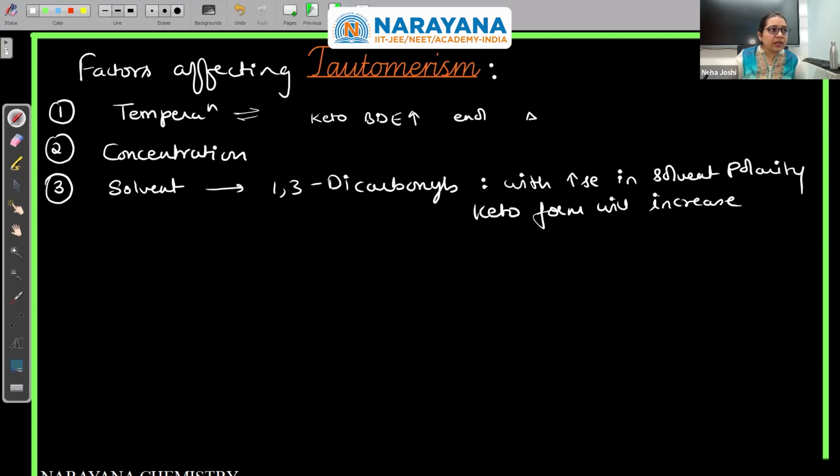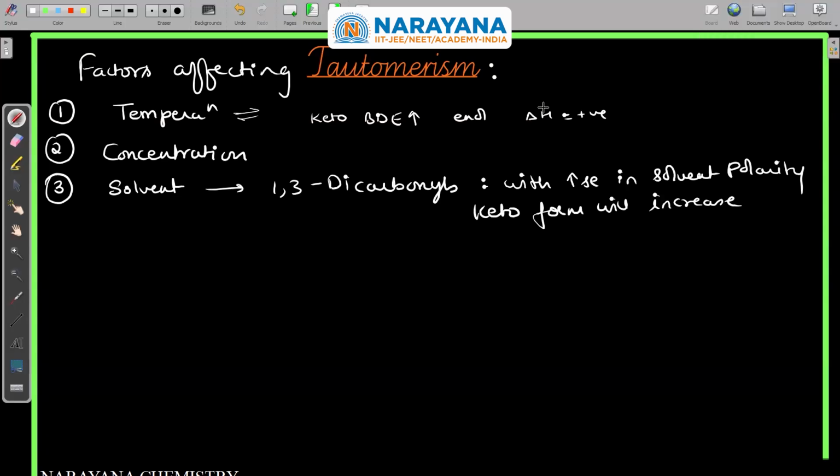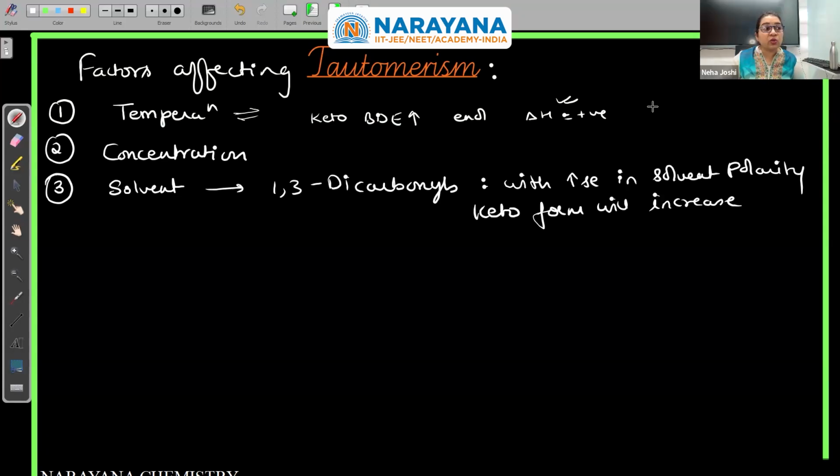So I can say that delta H for this keto-enol tautomerism is positive. More energy is consumed than the amount of energy released. Do you agree? Yes, ma'am. So if delta H is affected, then delta G will be affected.